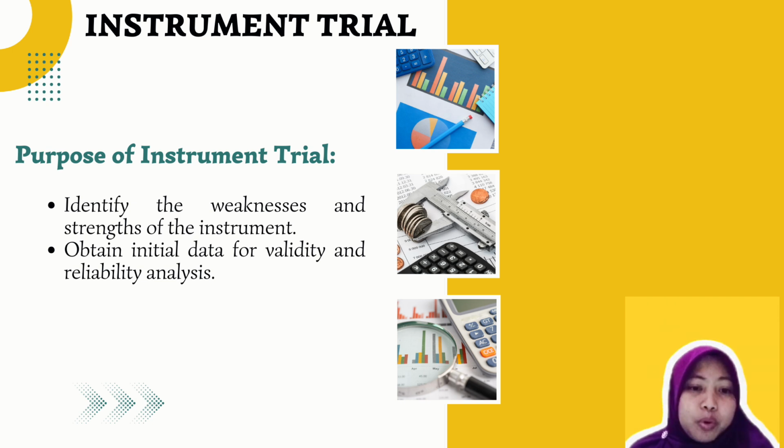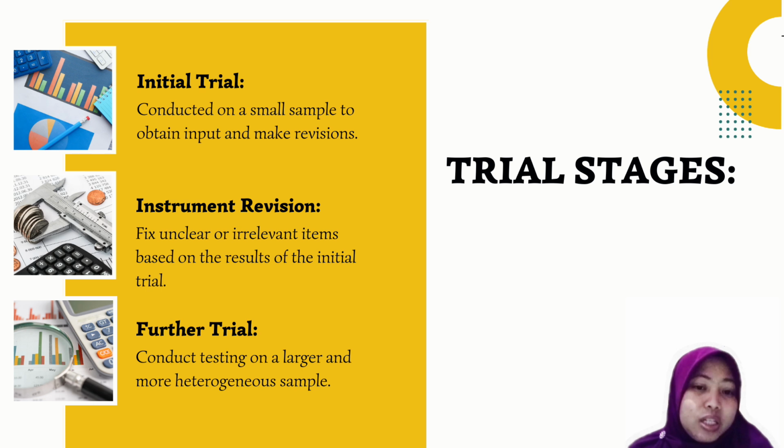This is important so that we can revise the instrument and improve its quality before it is used widely. The first stage in the trial is the initial trial, which is usually conducted on a small sample that represents the target population. The goal is to get input on whether the items that are compiled are clear and can be understood by respondents.